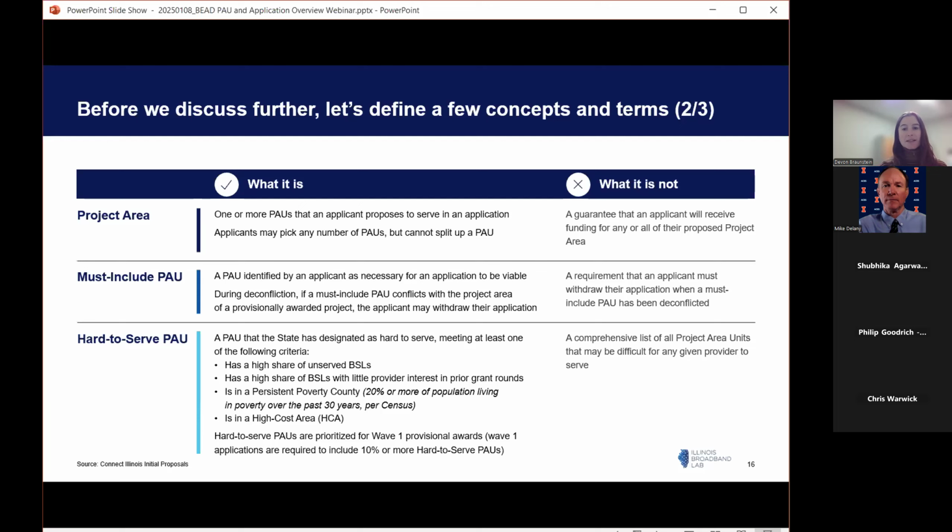It's in a persistent poverty county, which is a county where 20% or more of the population has been living in poverty over the last 30 years per census data. These counties, for your reference, are Alexander, Jackson, and Pulaski. And then if it's in a high cost area, and we'll talk about that on the next slide.